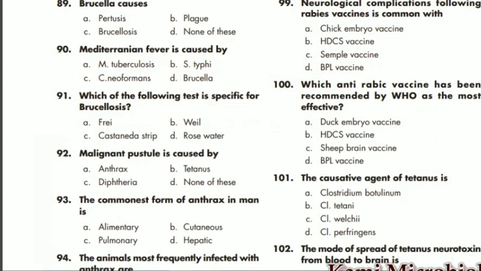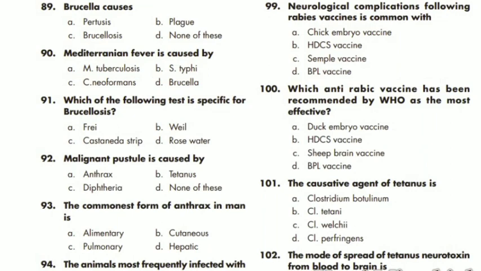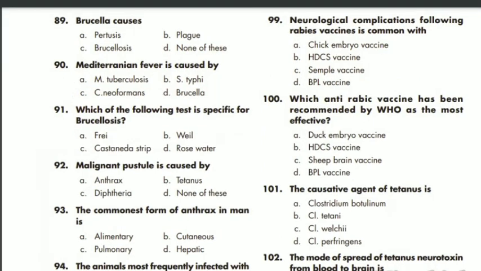100 MCQ says which anti-rabies vaccine has been recommended by WHO as the most effective. So for the 100 MCQ, the correct answer is the HDCS vaccine. B is the correct option. The causative agent of tetanus is Clostridium tetani.